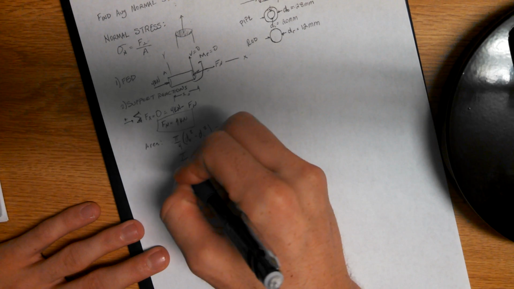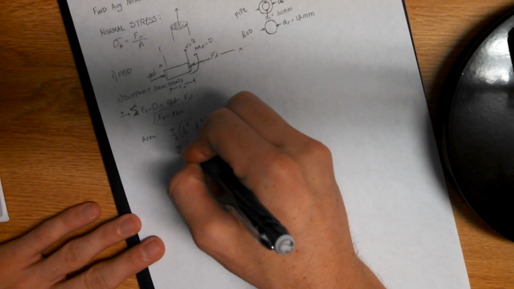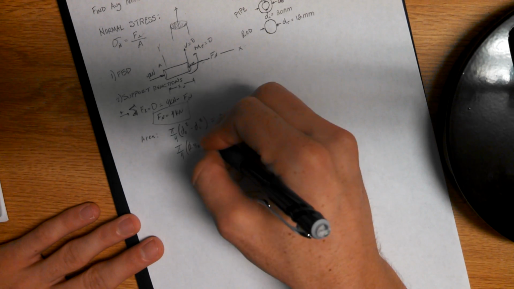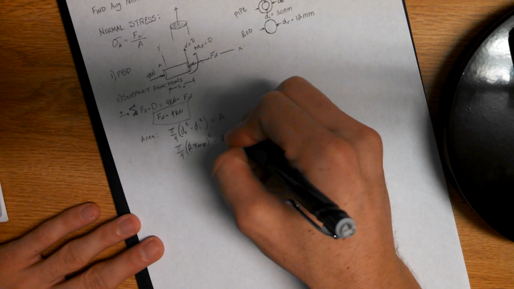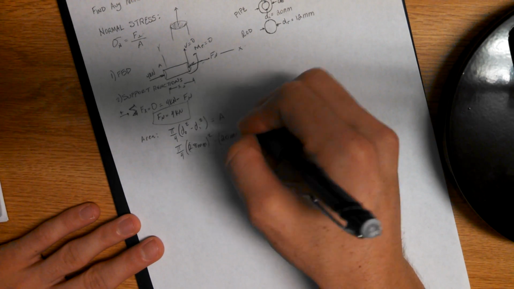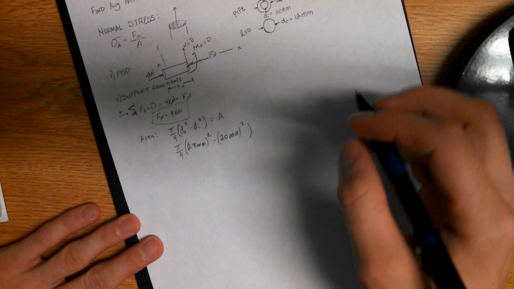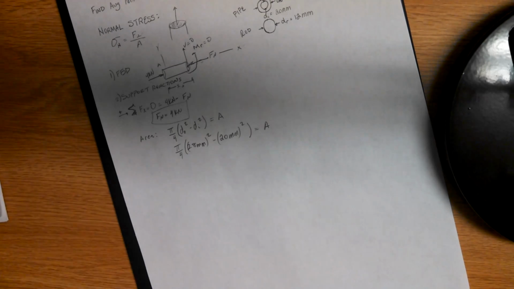So we have pi over 4 times 28 squared minus 20 squared millimeters, and I'm just getting this from these numbers here. That is equal to our area.